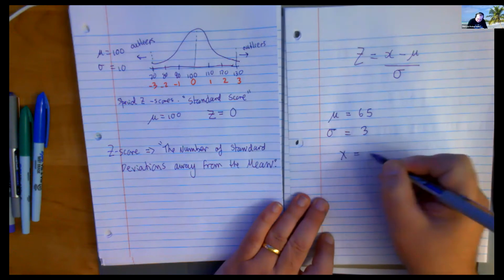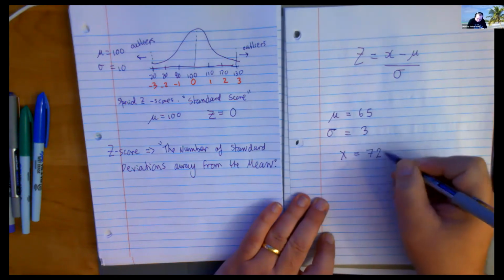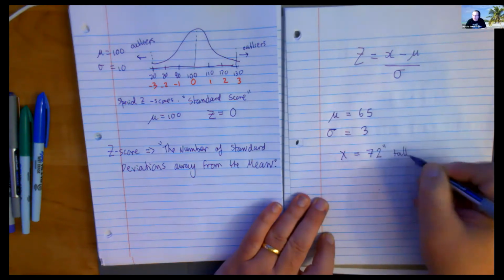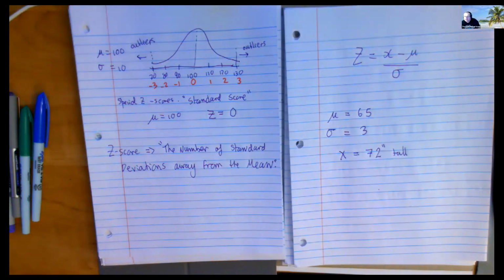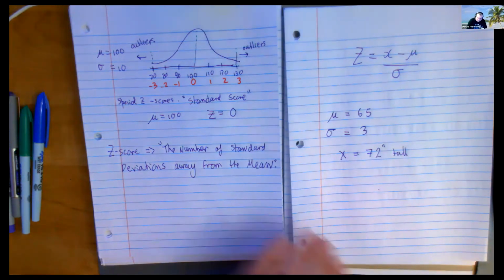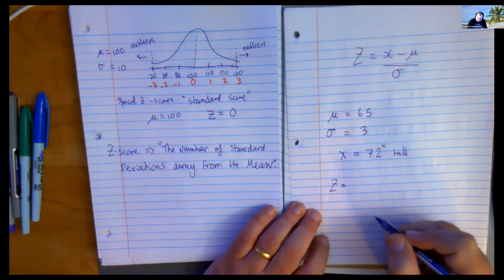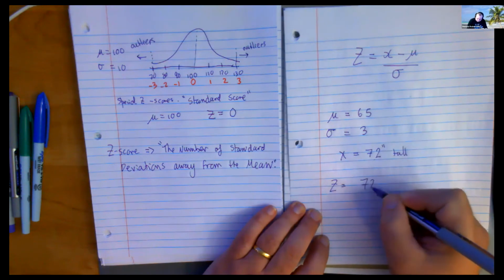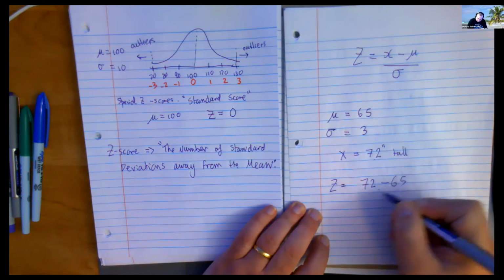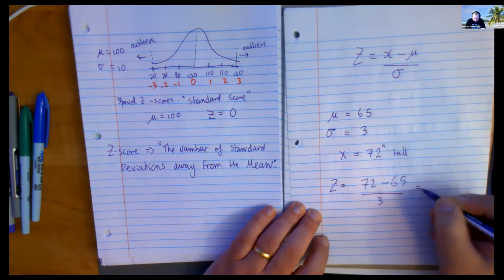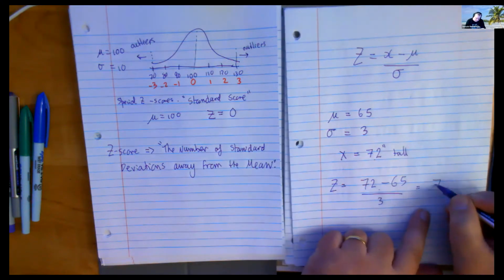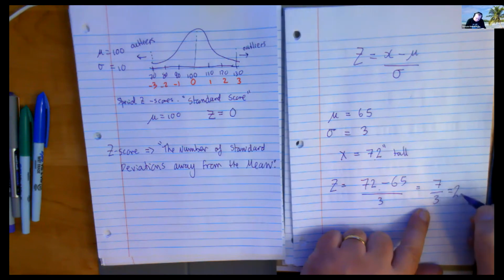Is someone who is 72 inches tall an outlier? Well, the standardized z-score is going to do that. 72 inches, take away 65, divided by 3. What does that get me? That gets me 7 divided by 3, and that gets me roughly 2 point, lots of 3s, right?